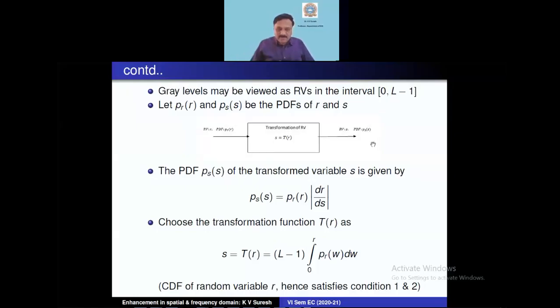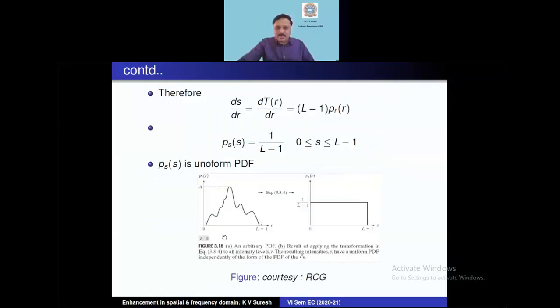What is the name of the output distribution in histogram equalization? Anybody who can respond? I'll show you the graph. So here, at least from this, you tell me. It is written there.